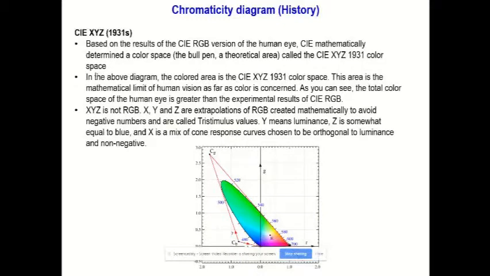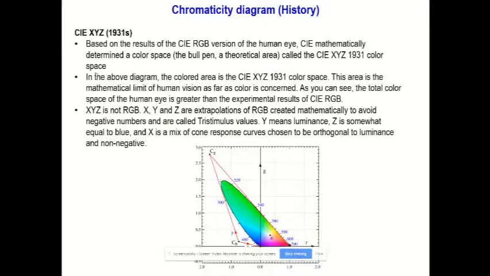Then what came after was the CIE XYZ. Based on the results that these two people had gotten for the CIE RGB version of the human eye, the CIE mathematically determined a color space called the CIE XYZ 1931 color space.